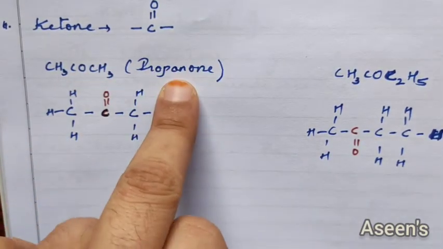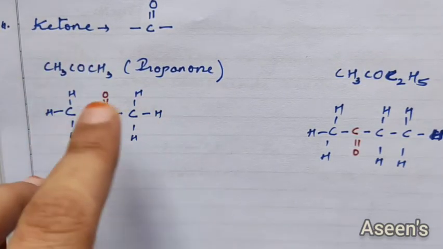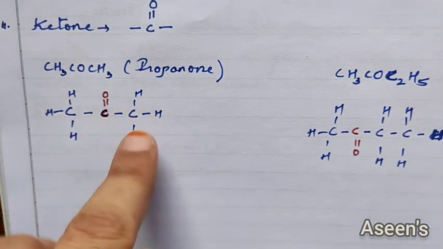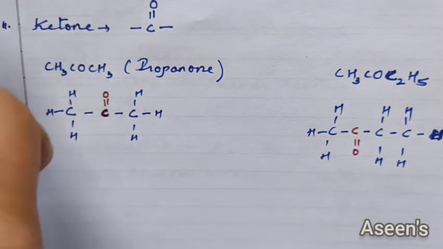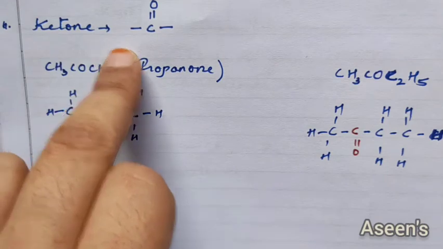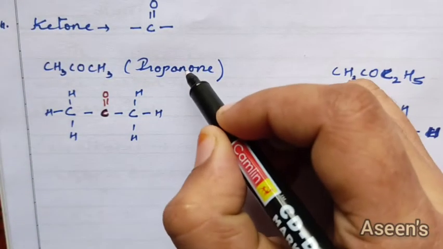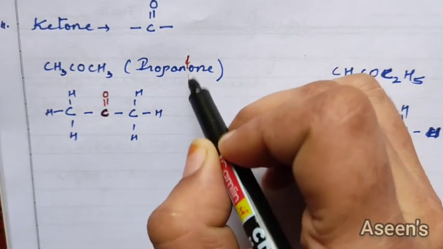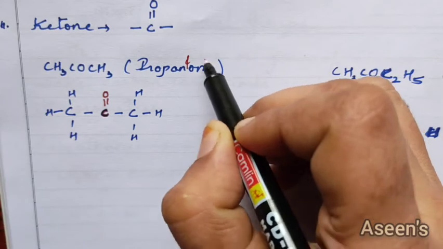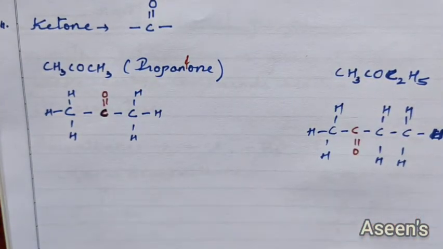So propa, no double bonds here between carbon and carbon, no double or triple bonds. So we're going to leave that. Propa. And then we are going to add a suffix, that is one. So propanone. Okay. So it was supposed to be propane, right? So this e has been cancelled, and instead of that e, we are writing o-n-e. So it becomes propanone. Okay.